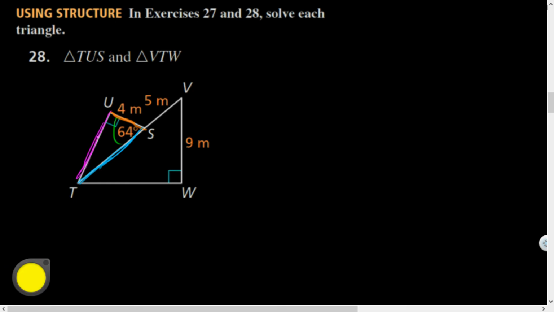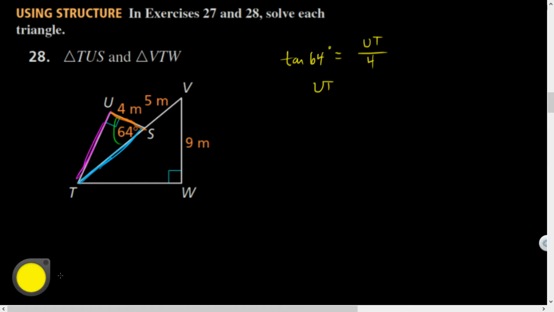To find the opposite, I want to compare it to the thing that I do know. What's opposite over adjacent? What trig ratio is that? Tangent, TOA. So I'm going to say tan of 64 is equal to ut over 4, and so ut is going to equal 4 times that.